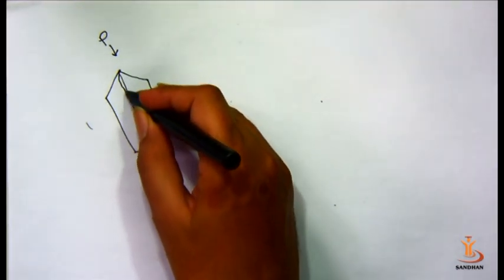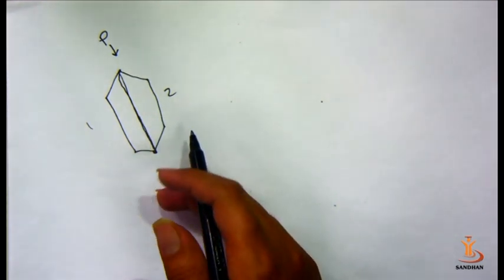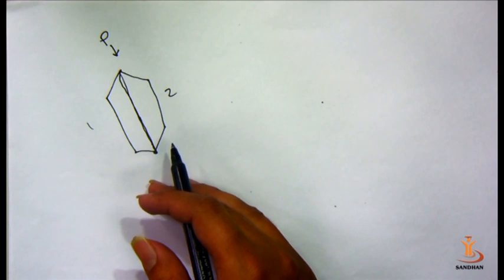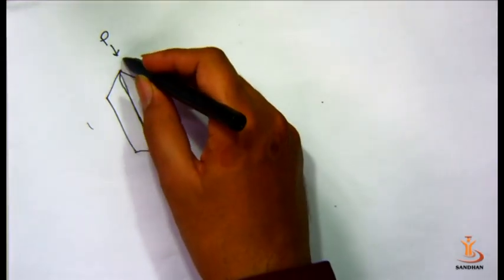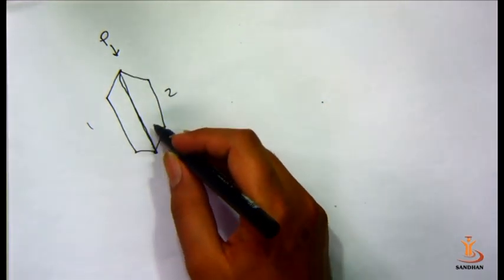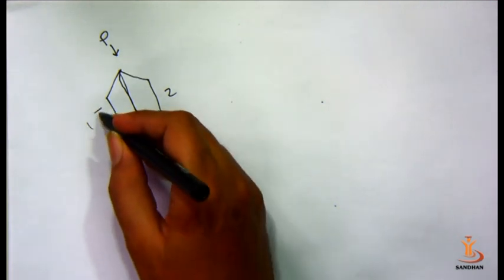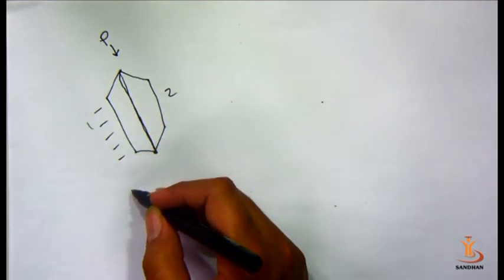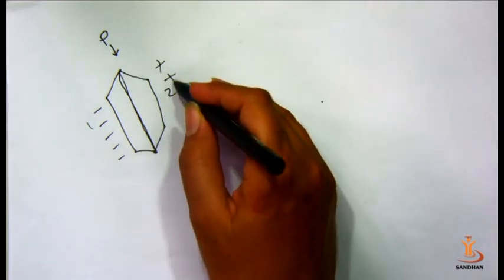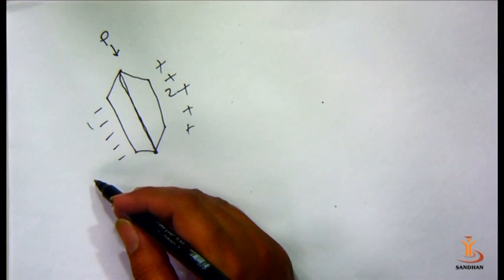This axis is known as the mechanical axis. That is also known as the optical axis. Now, what happens whenever pressure is applied to one pair of the two opposite faces? There is a generation of negative charges and positive charges.